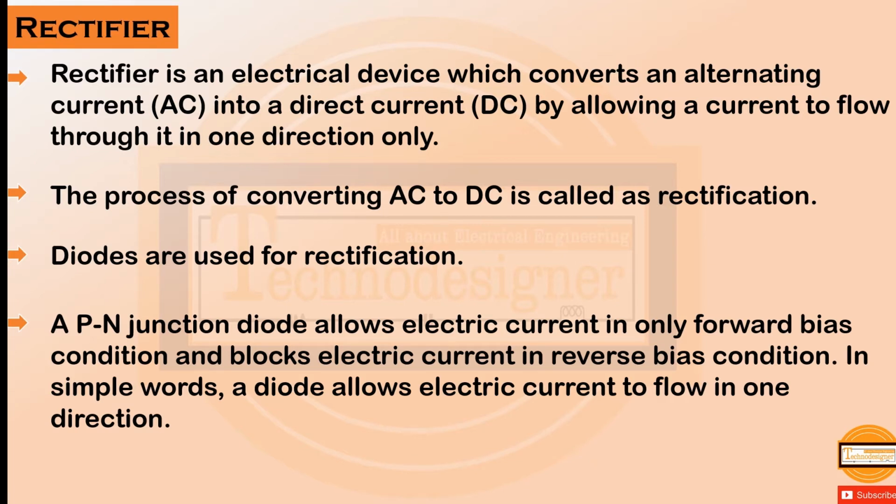A PN junction diode allows electric current only in forward bias condition and blocks electric current in reverse bias condition. In simple words, a diode allows electric current to flow in one direction.